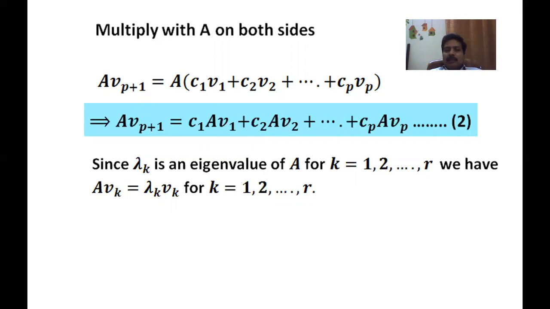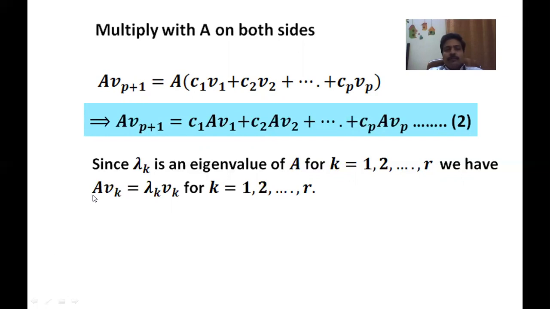Here lambda is denoted by lambda k, and x is vk. So for each vk we can write A vk is equal to lambda k vk, since vk is the corresponding eigenvector of the eigenvalue lambda k, where k is 1, 2 up to r.